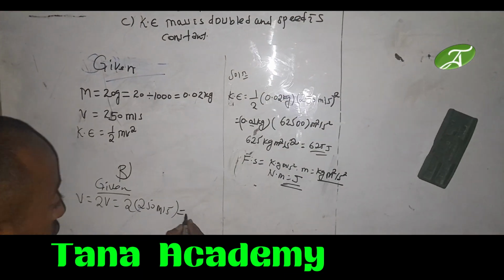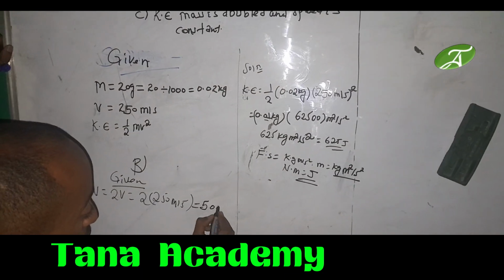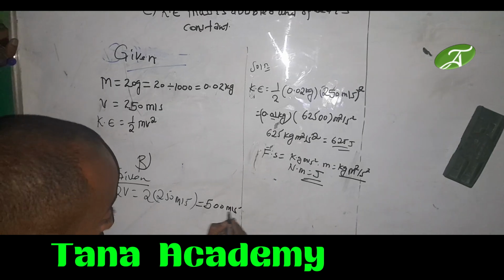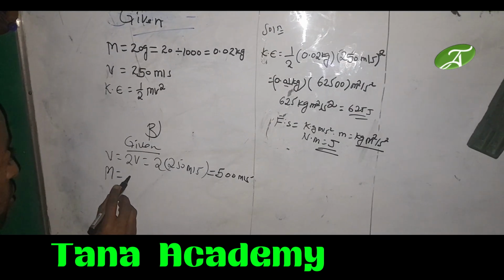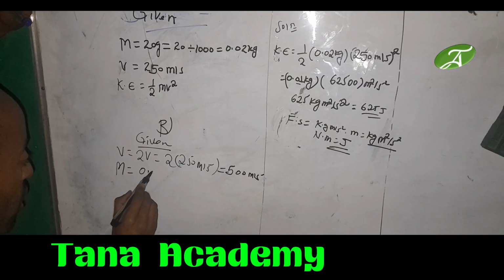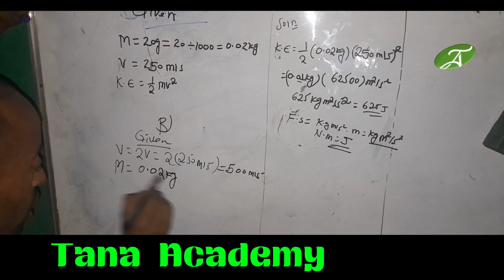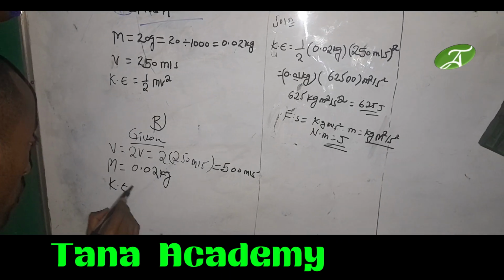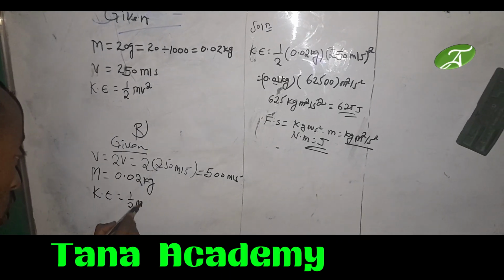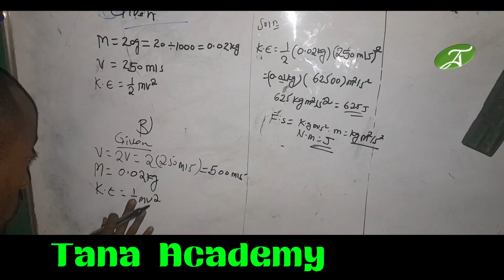Therefore it becomes 500 meter per second, and mass is equal to 0.02 kilogram. Kinetic energy is equal to 1/2 mv squared.